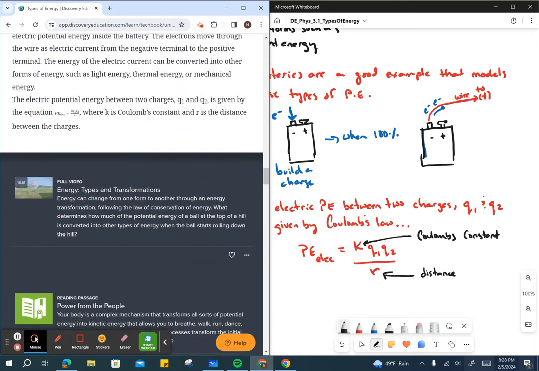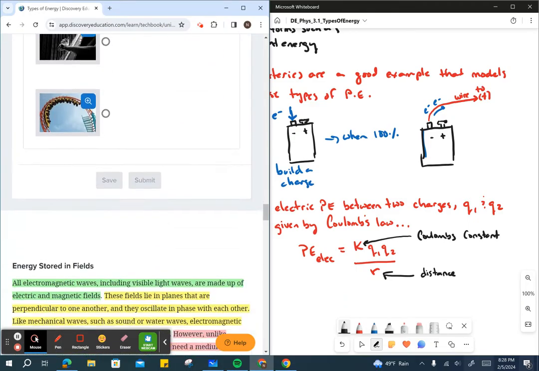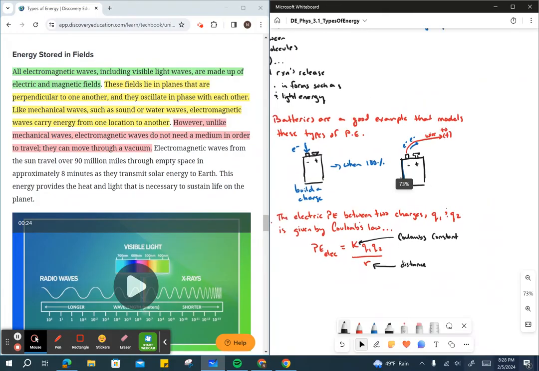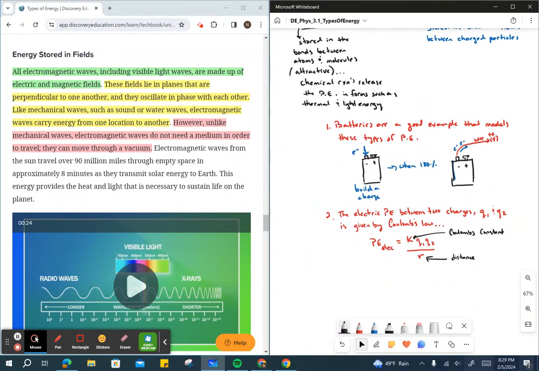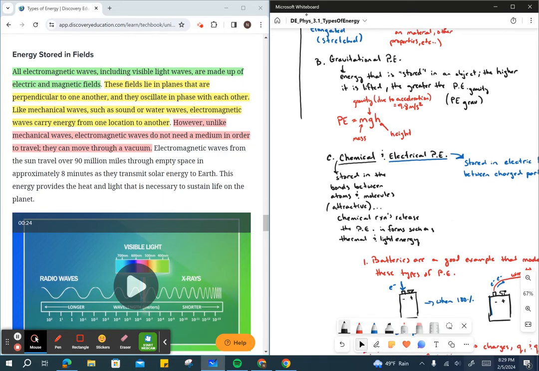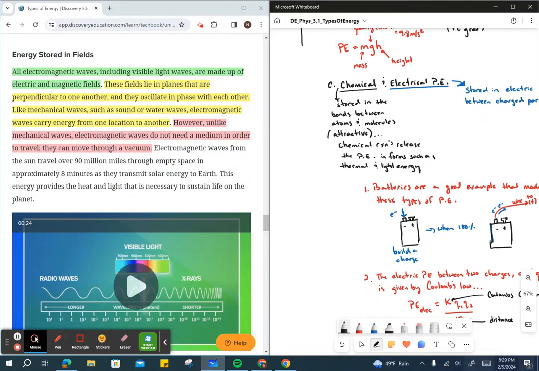Okay, moving on here. Energy stored in fields. Let's see here. What do we have? We've talked about gravitational, chemical, and electrical potential energy. Let's draw a line.